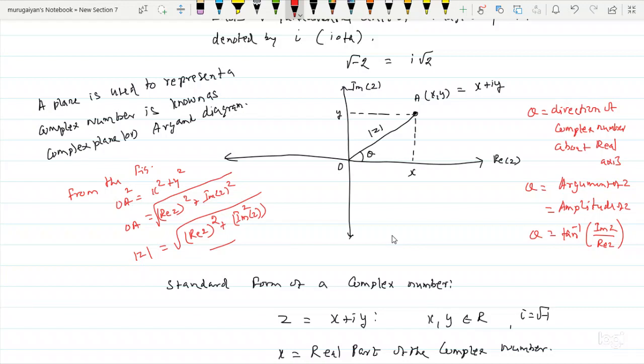That we will discuss when we discuss the alternate form of complex number, the polar form. This is known as the Cartesian form. Very important. The standard form is the Cartesian form. Understood?